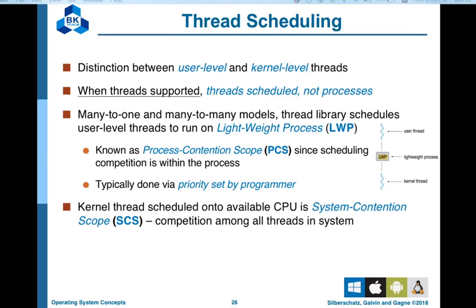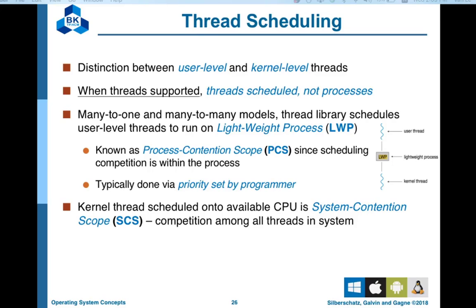For task scheduling, normally we talk about process scheduling, but if we use kernel threads, we can consider that here we have thread scheduling. There is a distinction between user level and kernel level threads.